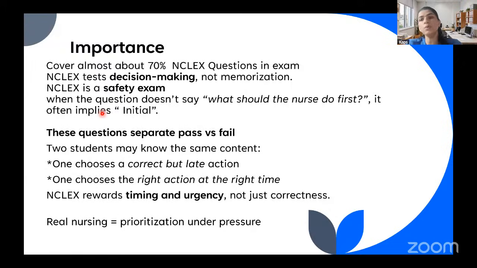Also in your practical life, nobody is going to ask you, with a patient in front of you, what symptoms do you know from CHF? Maybe you know something from the books, but it's not present right now, right? That is why you need to understand decision making skills. Do you really know what you are going to do first at that time to save someone's life?